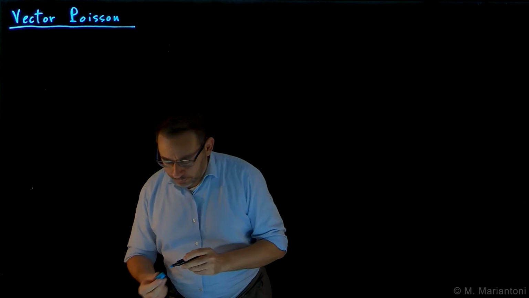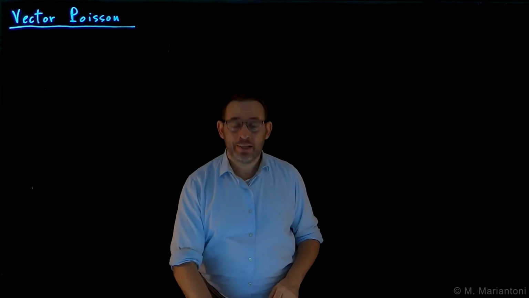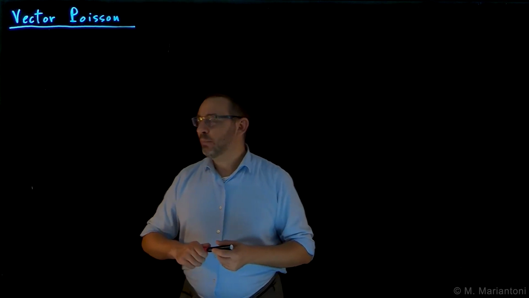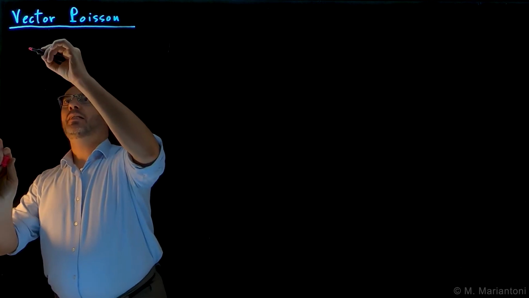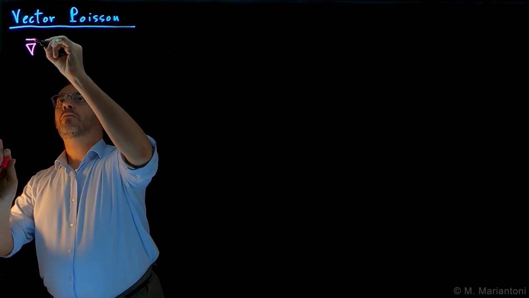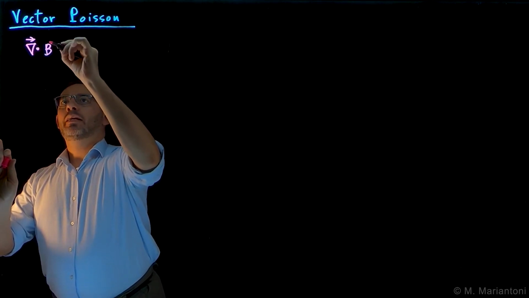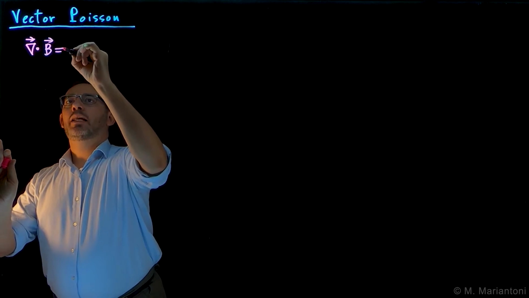So in general, we know that Maxwell's equations in differential form, case 1, for the magnetostatic field B tell us that the divergence of B is equal to 0 because B is solenoidal.